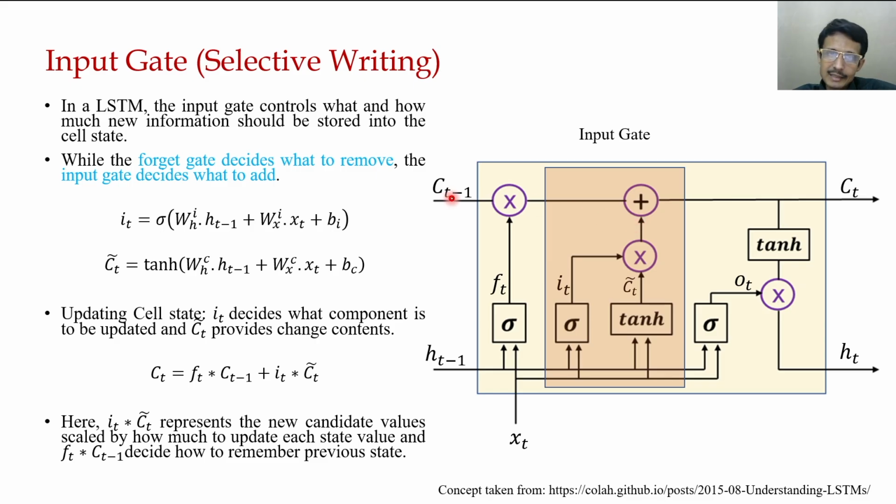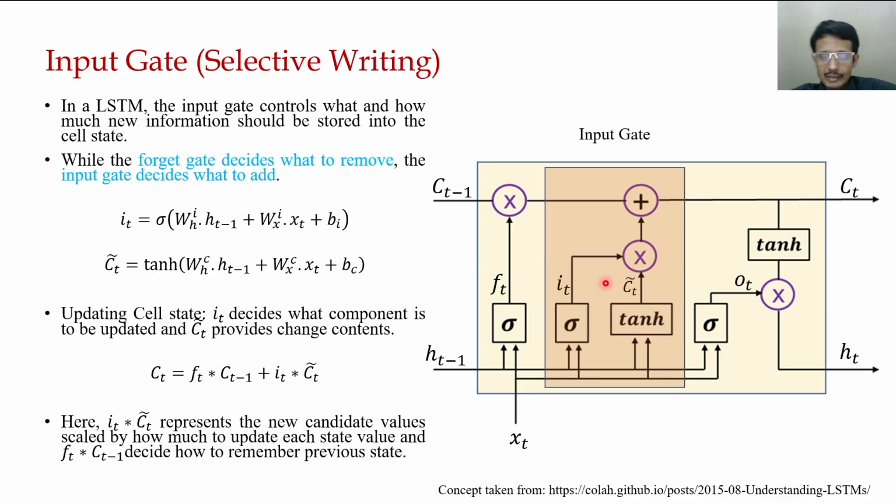In the extreme cases, c_{t-1} is completely removed or completely passed as c_t, when f_t is equal to 0 or 1. And sometimes what kind of function x_t drives is also determined by this input gate.